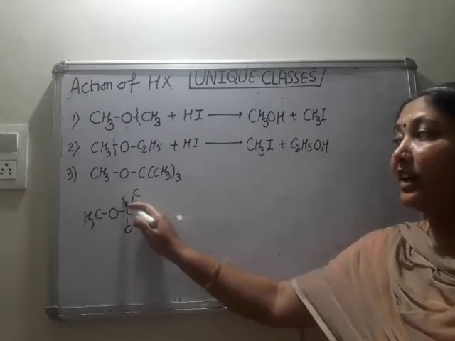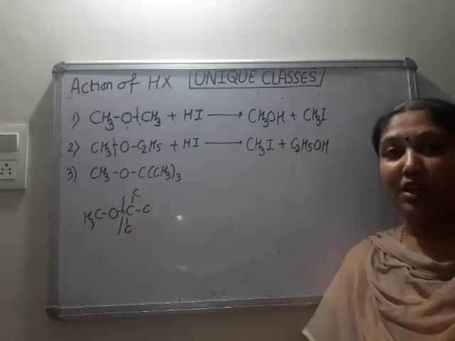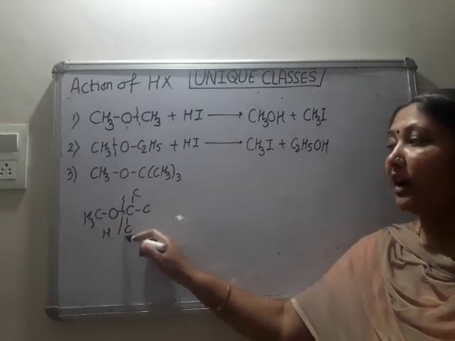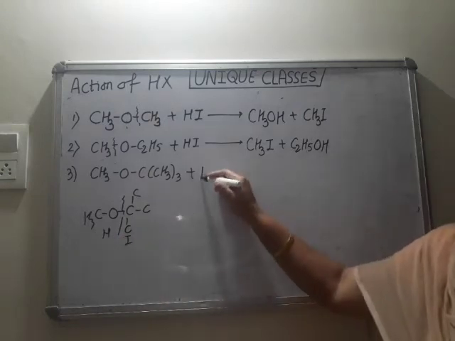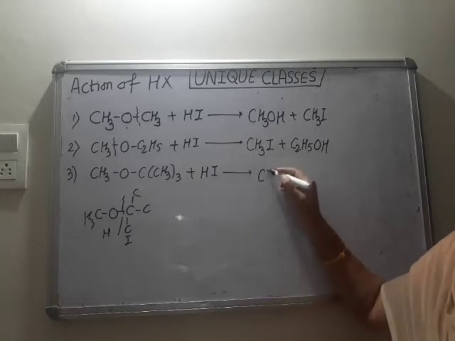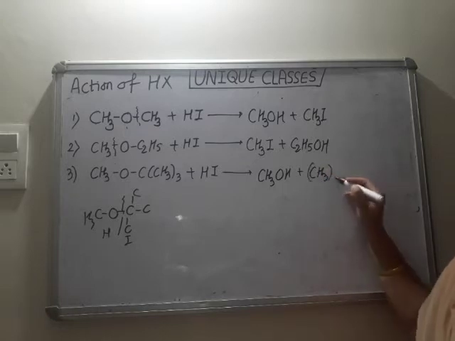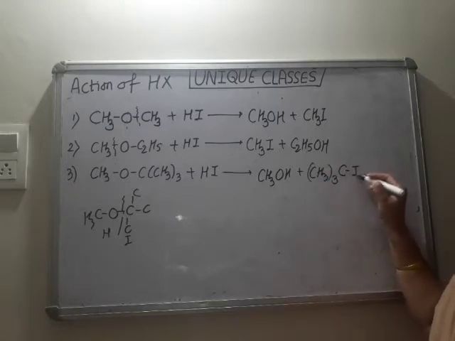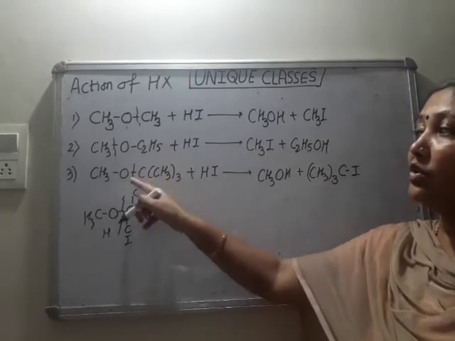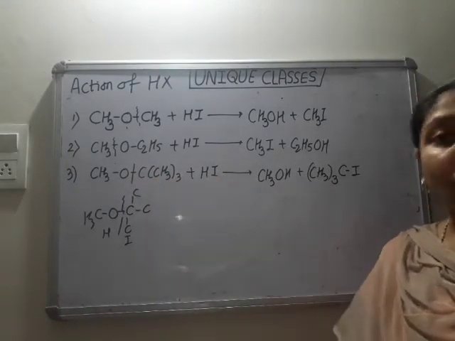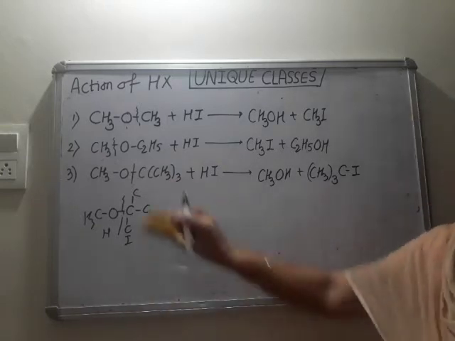If it is detached, then it is converted into tertiary butyl group and methoxy. So hydrogen goes to this part and the halide part goes to this tertiary butyl group, and we get the products CH3OH and (CH3)3C-I, where this bond is broken so it is attached to the iodide part. Clear?